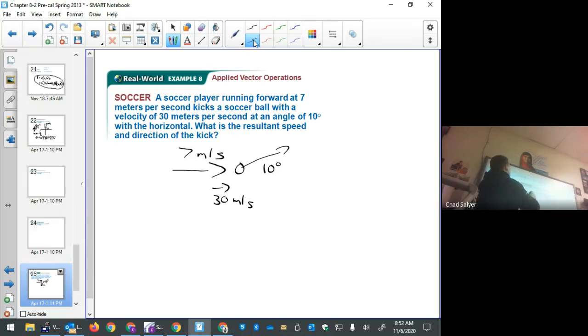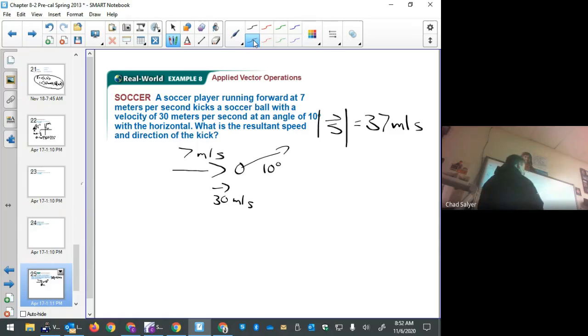So the net of forces applied on the soccer ball, the magnitude, is going to be 37. We'll just call this vector S for soccer ball. So it's going to have a magnitude of 37 meters per second, which is a pretty stout kick. I'm not sure it's entirely possible.